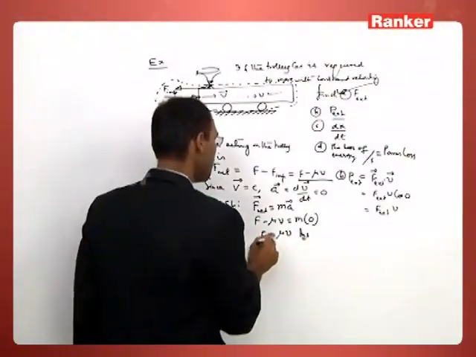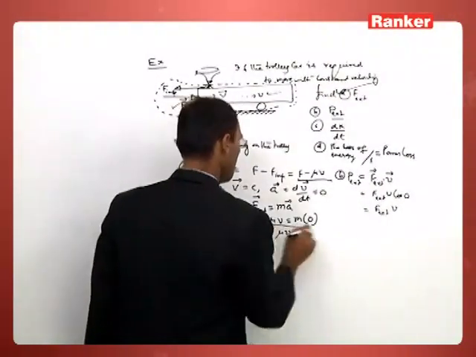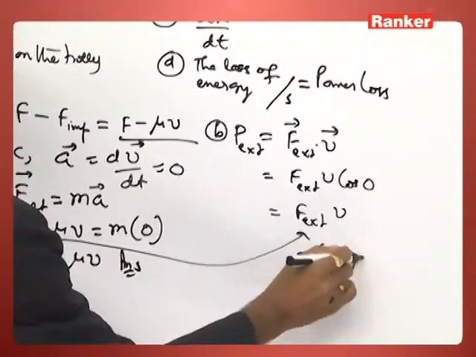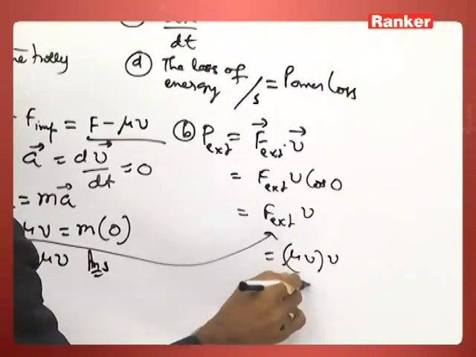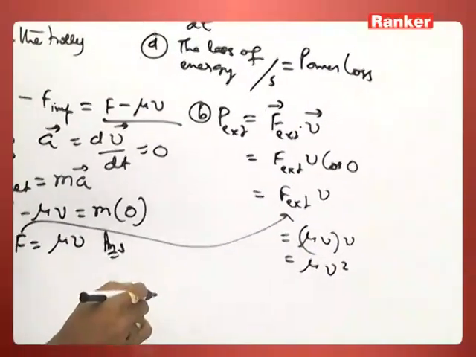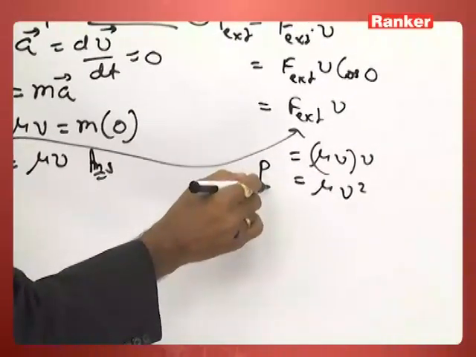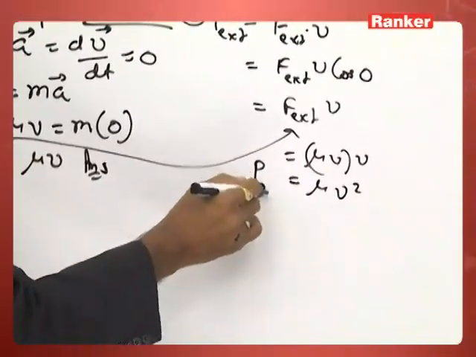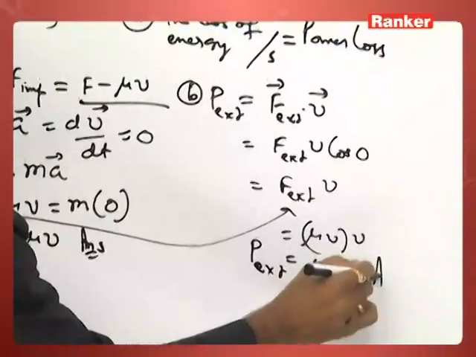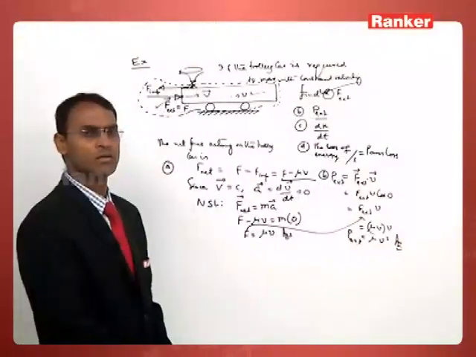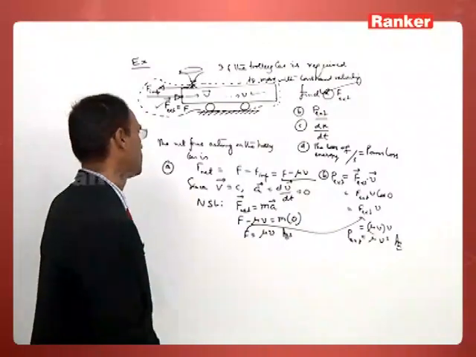And what is F external? That is equal to mu into V, as you calculated. So we got the result of the second bit, which is equal to mu times the square of the velocity of the trolley car.